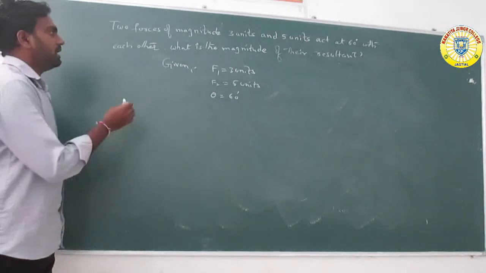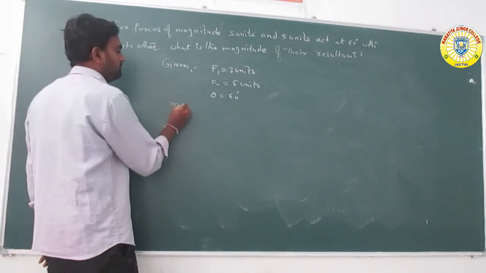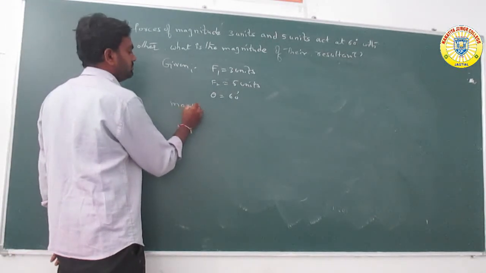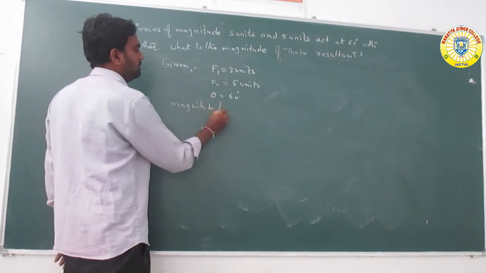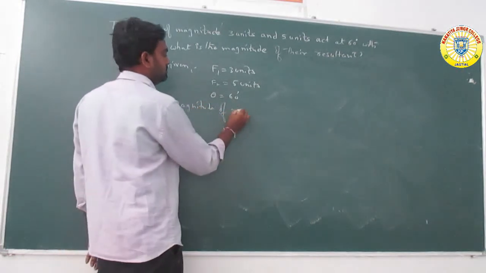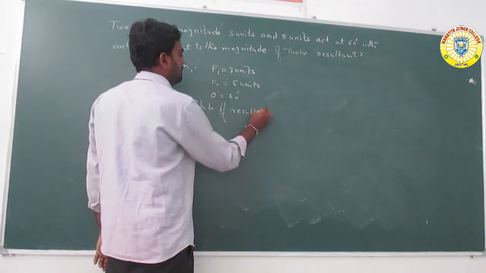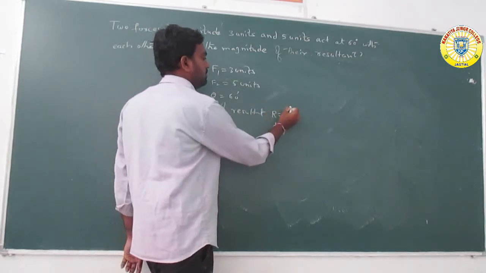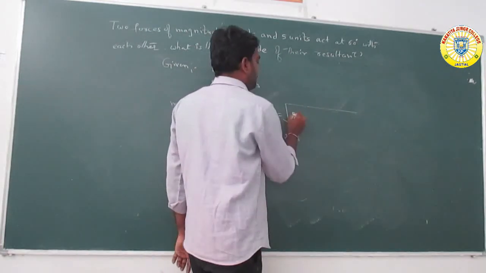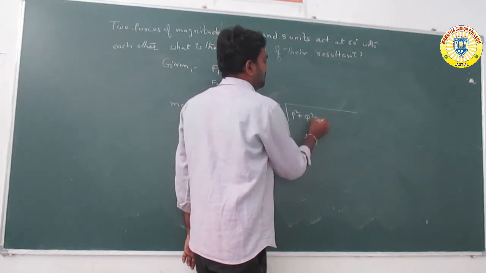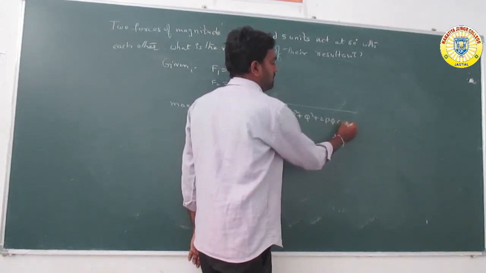To find the magnitude of the resultant, R is equal to under root of P square plus Q square plus 2PQ cos theta.